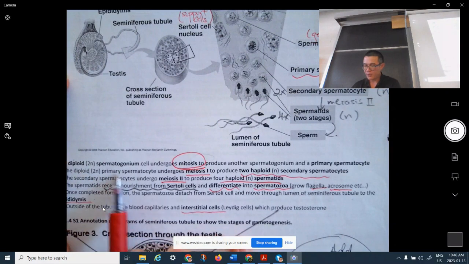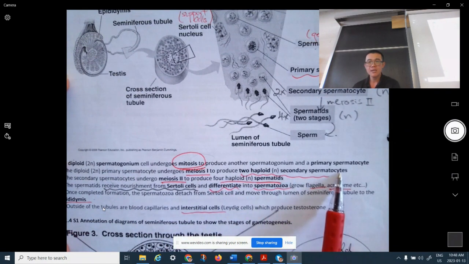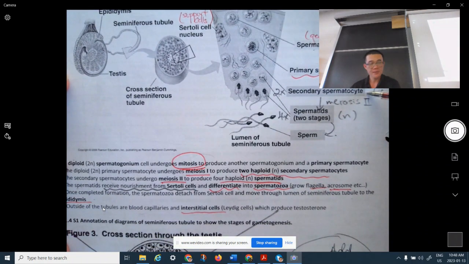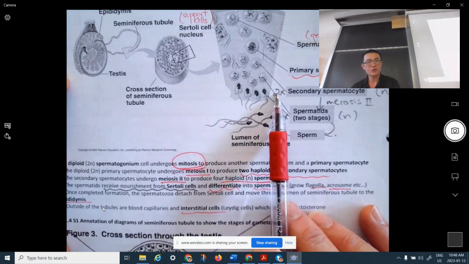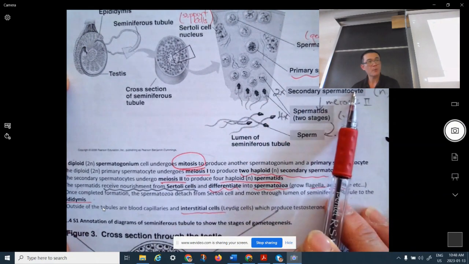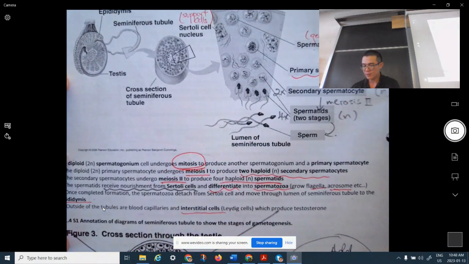The diploid primary spermatocytes go through meiosis 1 to make 2 haploid secondary spermatocytes. So instead of diploid, it now becomes haploid, 1N, and there are 2 of them now. Secondary spermatocytes are haploid cells.